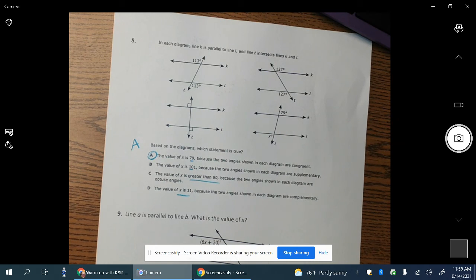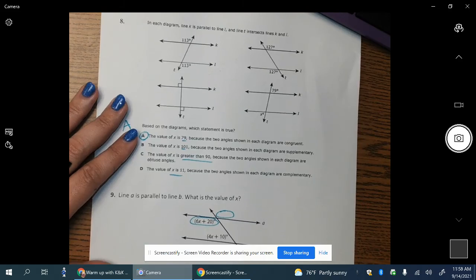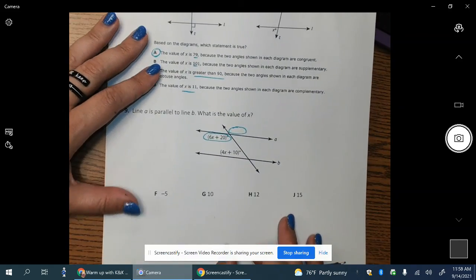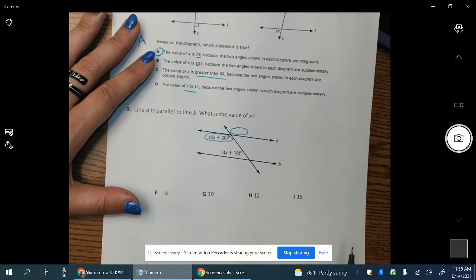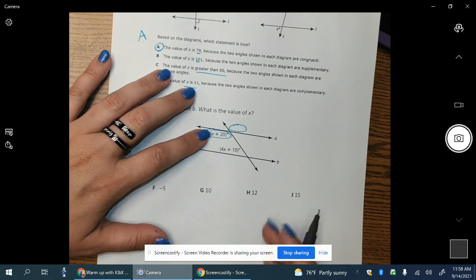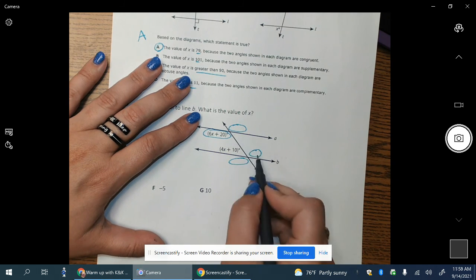First thing we need to do is decide congruent. So I'm going to circle this one. This one is also congruent. On the bottom, is this 4x congruent or supplementary? Supplementary, because it's on the bottom left.